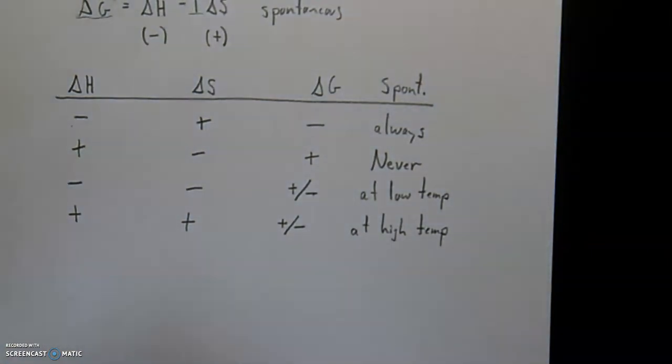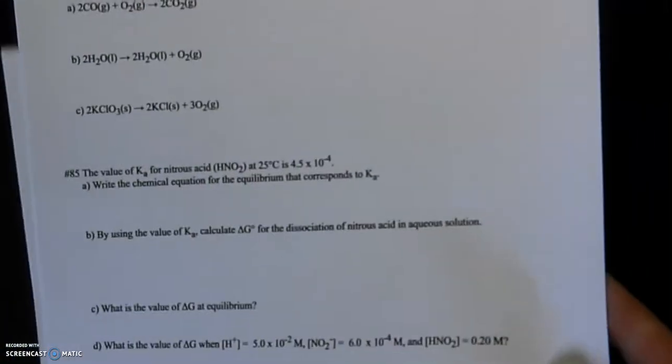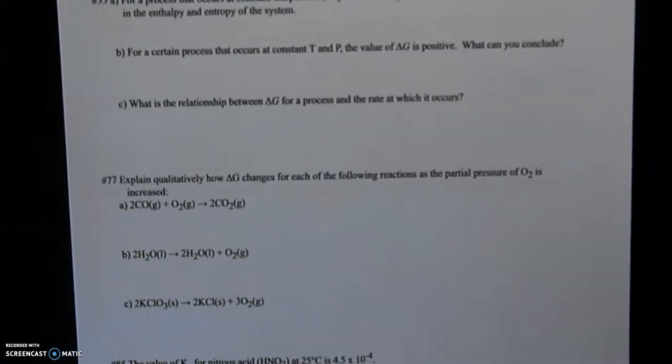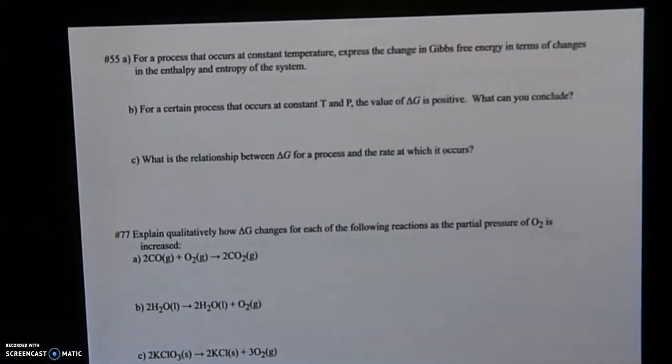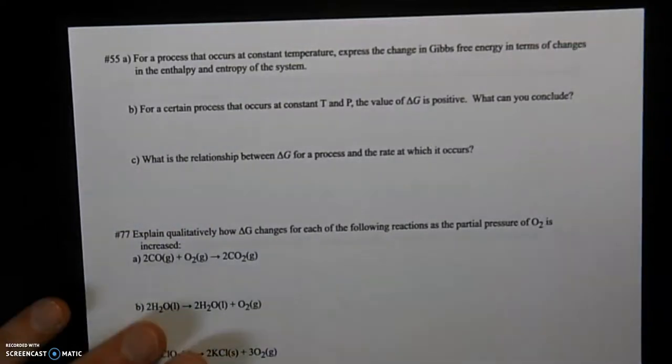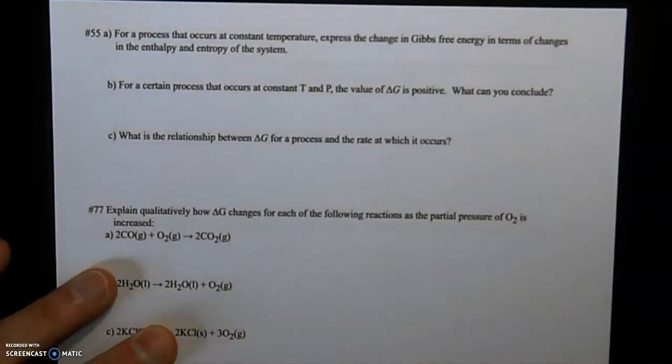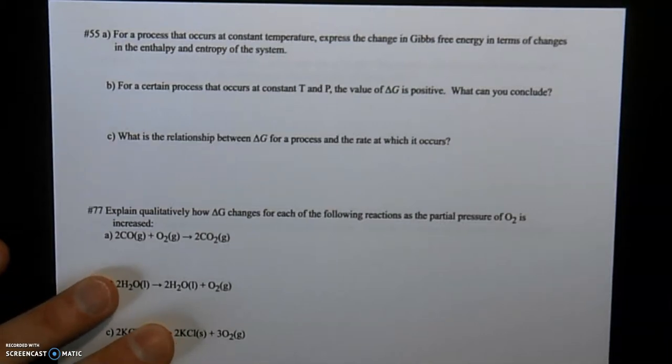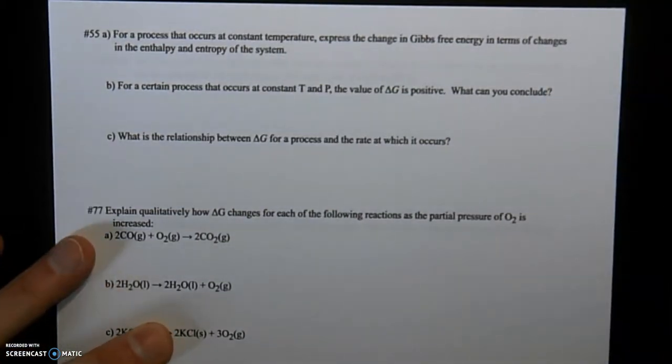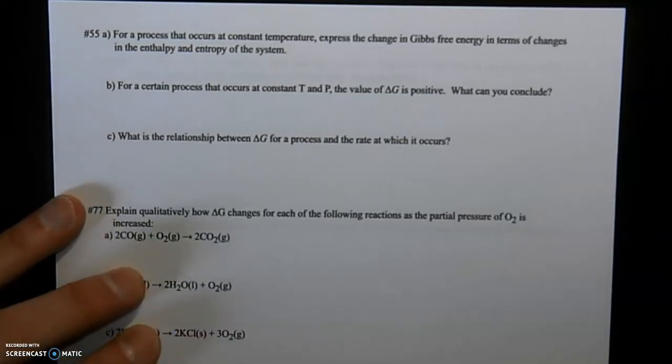Okay, let's switch over to our notes, the handouts. So I think we're going to take a look at number 55. All right, I got my notes ready. Looking at 55. For a process that occurs at a constant temperature, express the change in Gibbs free energy, delta G, in terms of changes in enthalpy and entropy of the system.